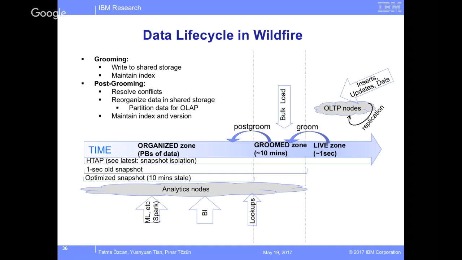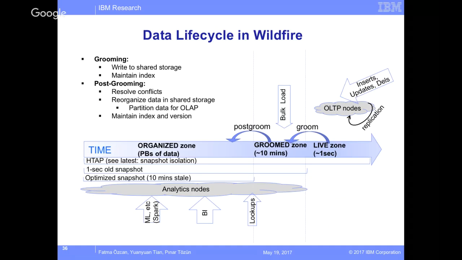That's also done in this post-grooming process. And lastly, this process also maintains index and versioning so that you can have as-of queries. So you want to go back to, say, a year ago's data. Well, probably not a year ago, but 3 months ago's data. You can actually do that.